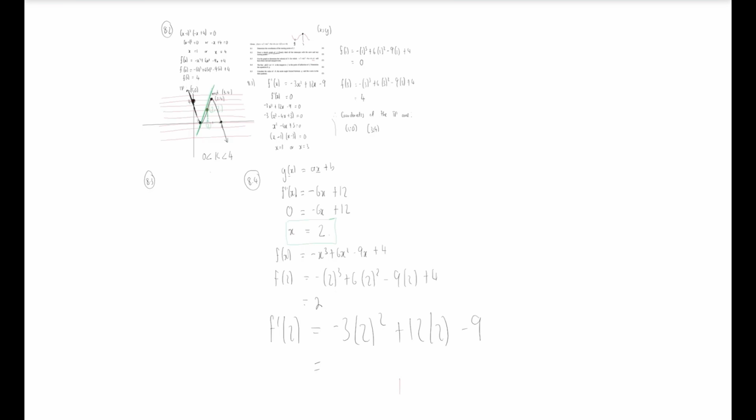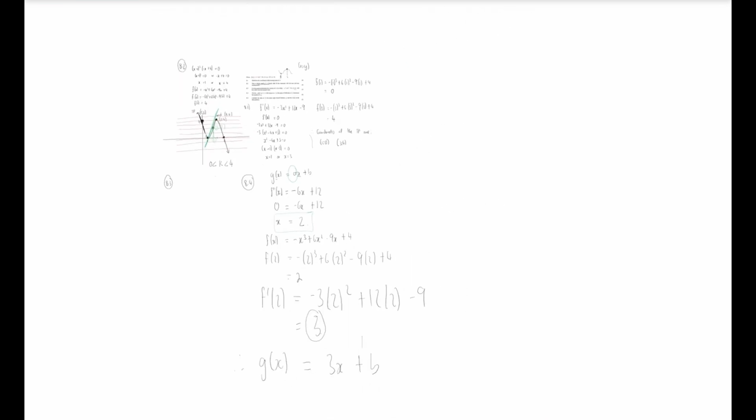Then you get, amazing, everybody, you get 3. So the gradient at the x value of 2 is 3, and this gradient is the gradient of g. Therefore, in your equation of g, you're going to have 3x plus b, because the gradient is represented by this a over there.